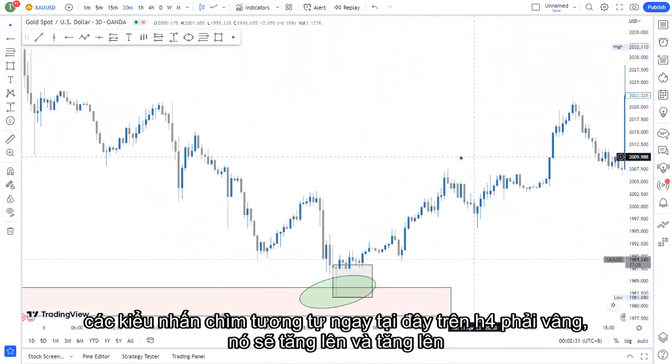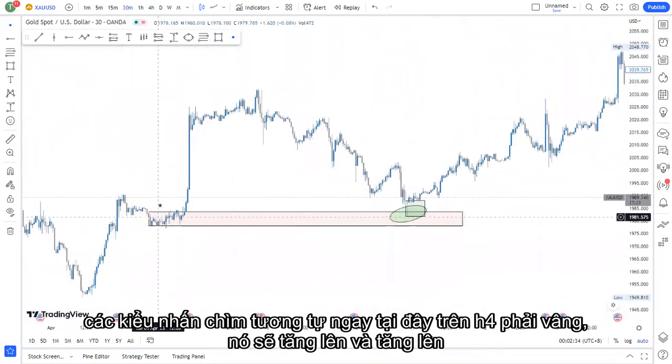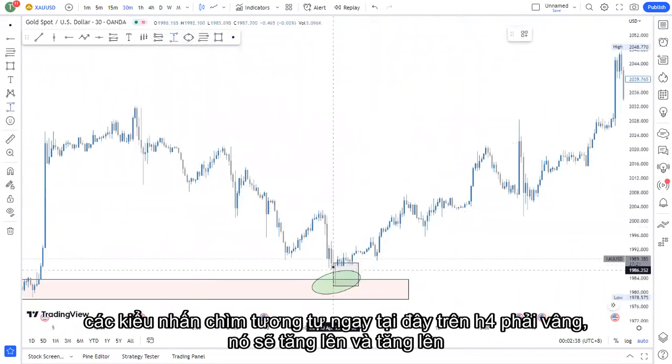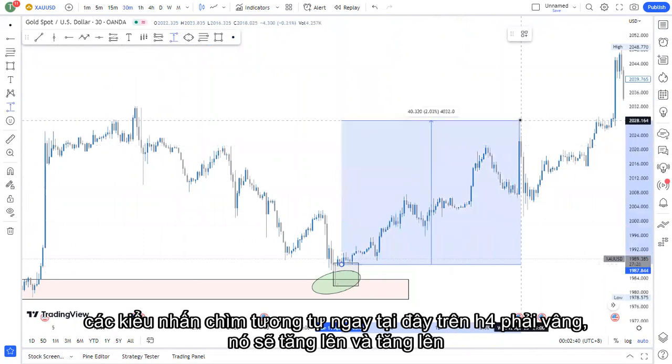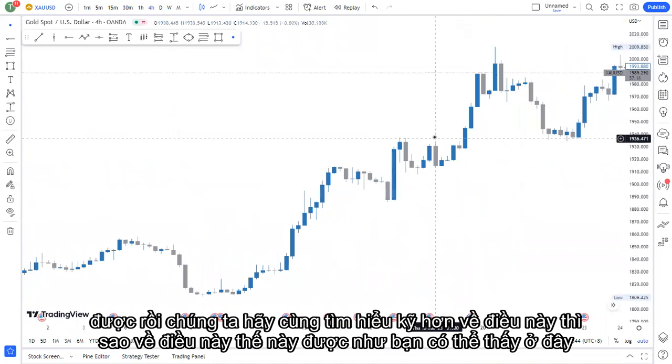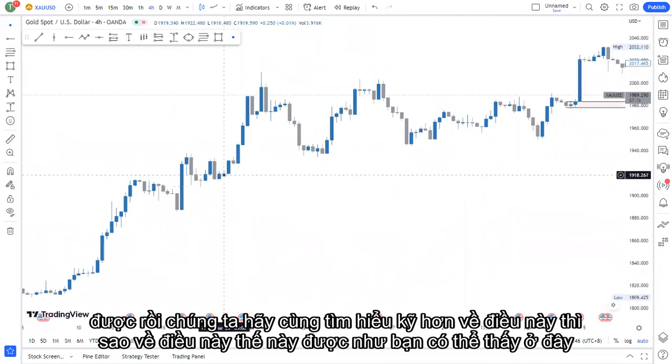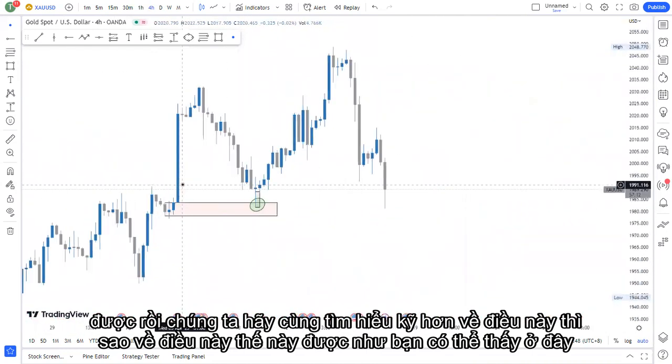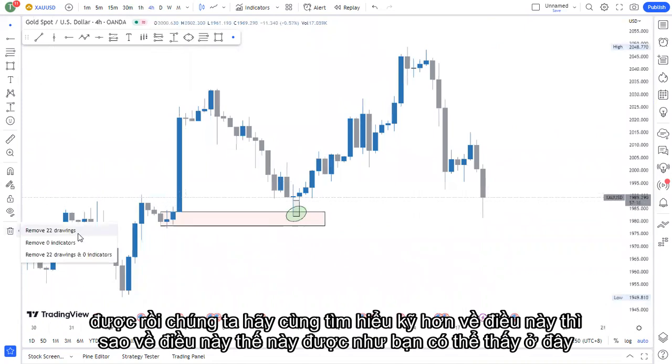The same type of engulfing is right here on H4, right? It's going to go up. Okay, let's look more and more.